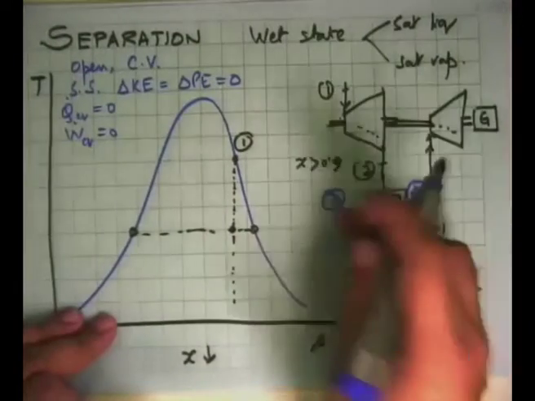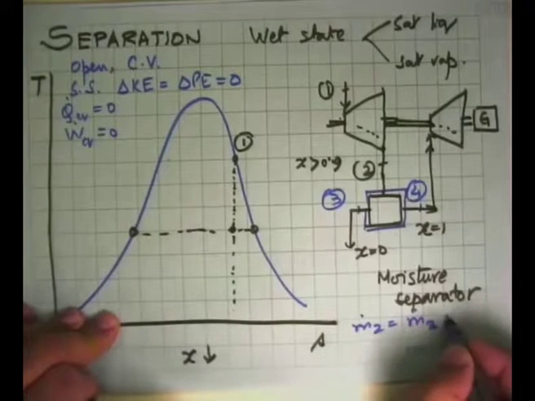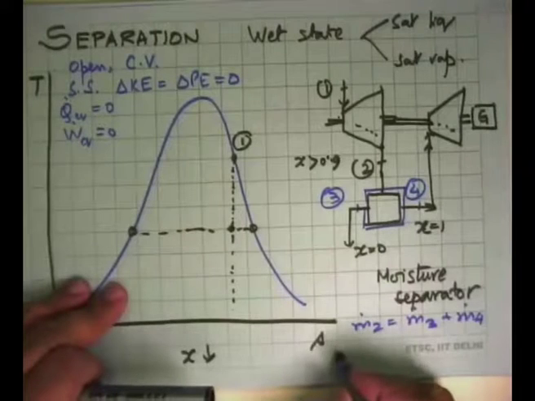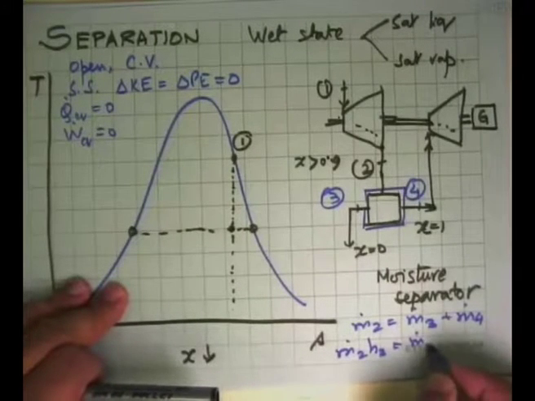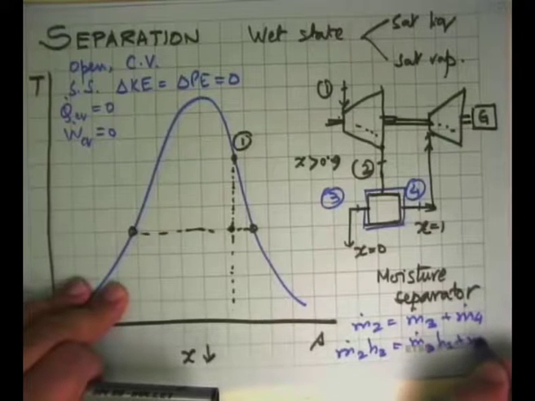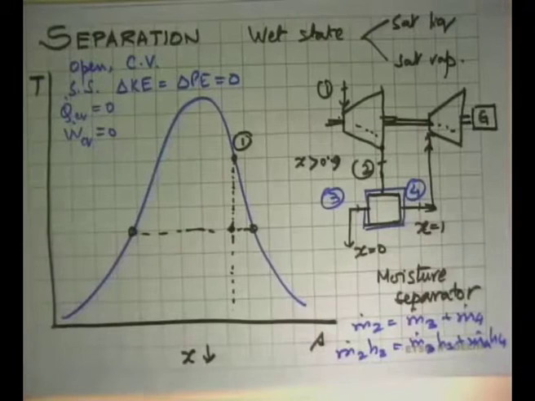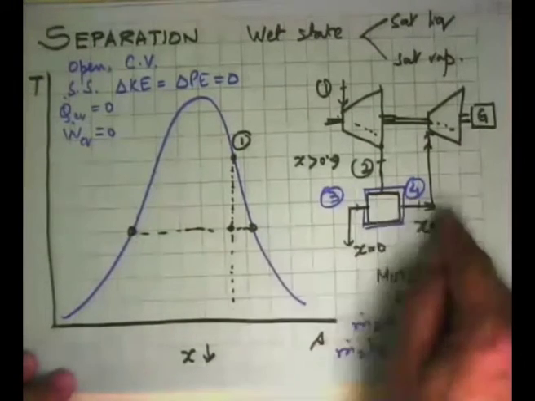And so the conservation of mass tells us that m dot 2 is equal to m dot 3 plus m dot 4. And conservation of energy tells us that m dot 2 h2 is equal to m dot 3 h3 plus m dot 4 h4. So we can then solve it out, and we can know what the mass fraction coming out at this end is.